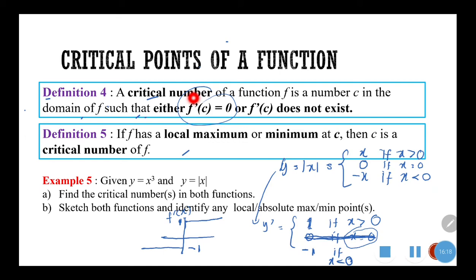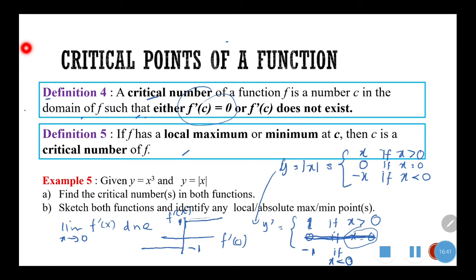Okay, so here what we can say, f prime 0, because limit of f prime x as x approaching 0 does not exist. Ingat tak? Okay, because limit from the left and limit from the right is not the same.